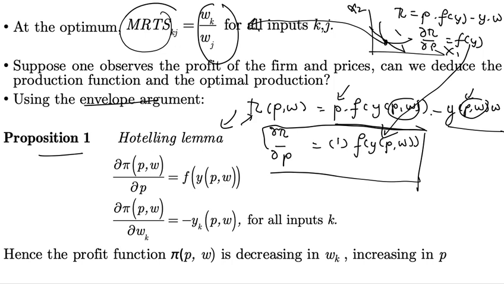So you can see here, the change in profit is due to the change in price of output. And the result here is exactly the same as the quantity of output produced at that particular point. Okay, now what is this actually? As you can see, it is positive. So whenever the price of output increases, profit increases. And what we see here is that the answer is the quantity of output.